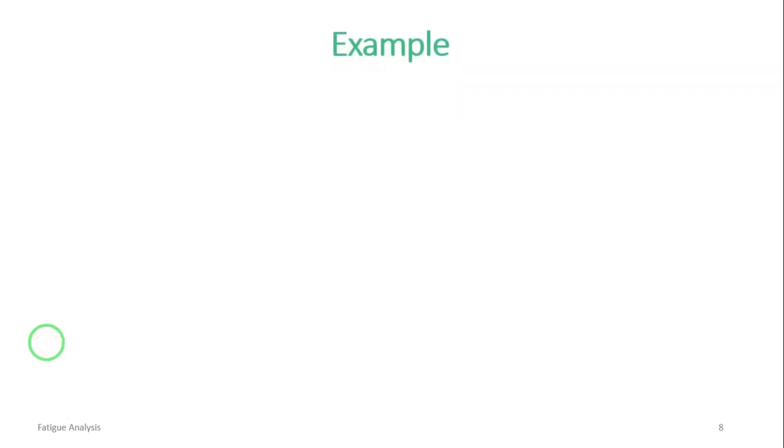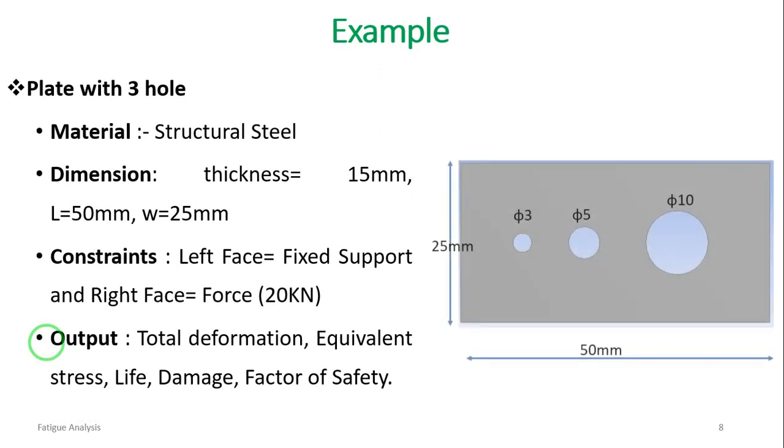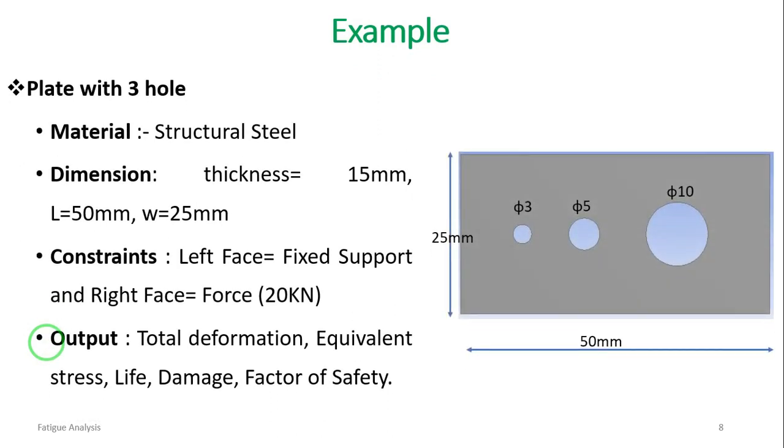So the next slide is about the example that we are going to solve using Ansys Workbench. Here we have a plate with 3 holes, and the material of the plate is structural steel. The dimensions of the plate are: 50 is the length, 25 is the width, and 15 is the thickness, and we have 3 holes of diameter 3, 5, and 10 respectively.